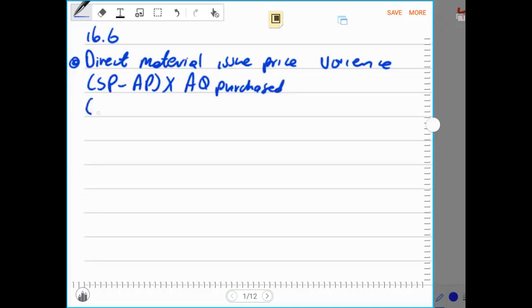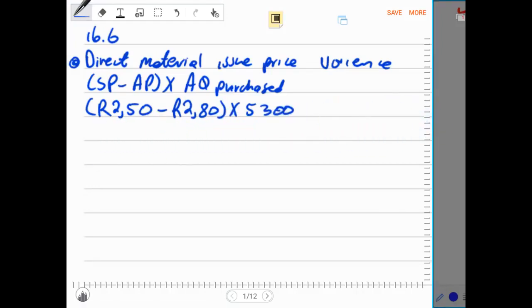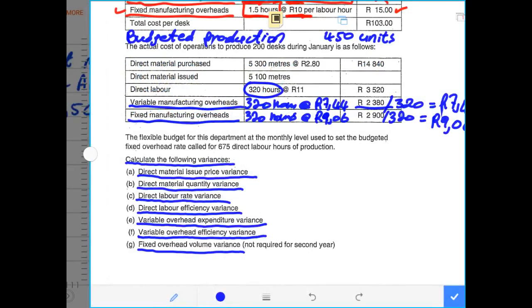Therefore now our standard price of material, if I still remember, was 2 rand 50 cents, and our actual price was 2 rand 80 cents. Let me just confirm all these figures.